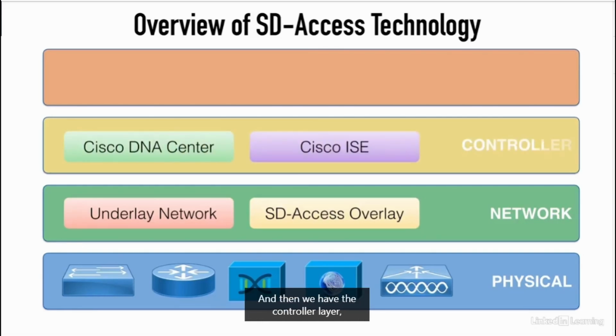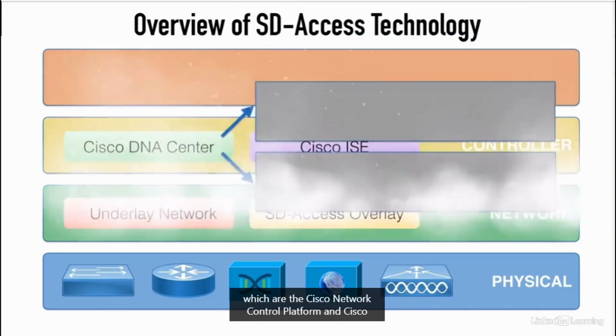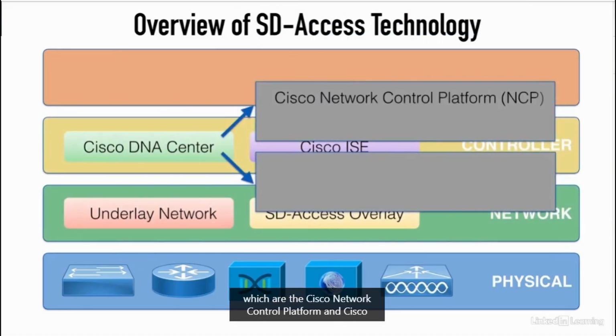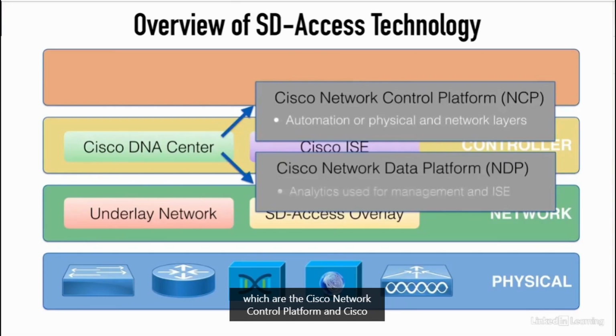And then we have the controller layer, which consists of Cisco DNA Center and Cisco Identity Services Engine appliances. We can break down Cisco's DNA Center into two main structures here, which are the Cisco Network Control Platform and Cisco Network Data Platform.